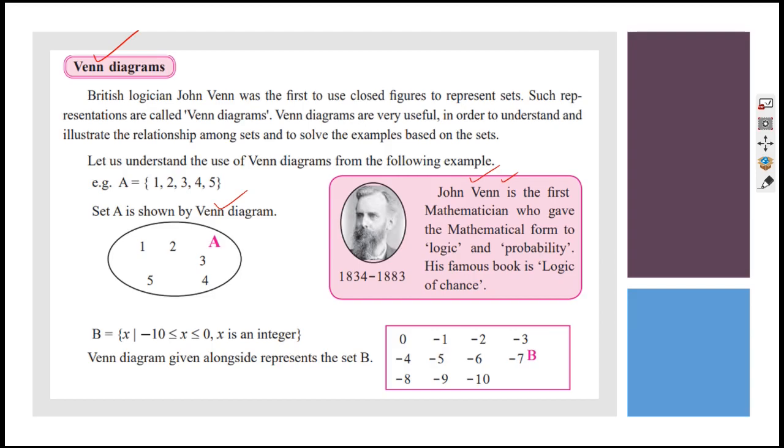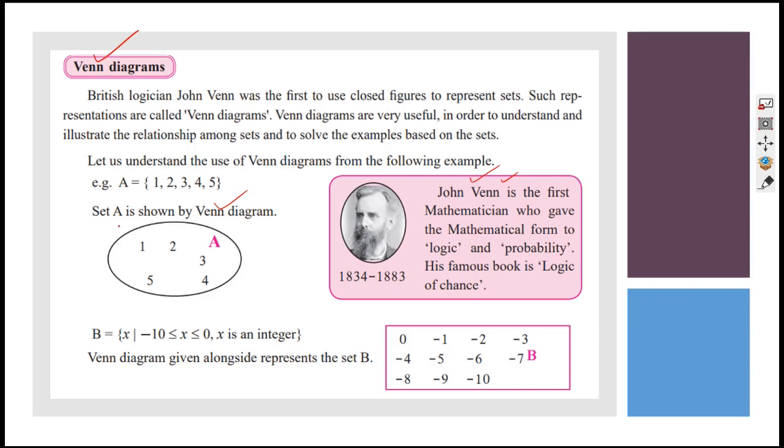They are very useful to understand and easy to illustrate and show the relationship between sets, especially when we have to say the relationship between two sets. Venn diagrams are of great use.